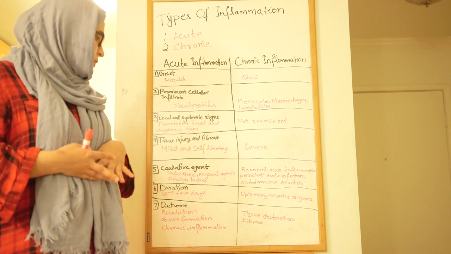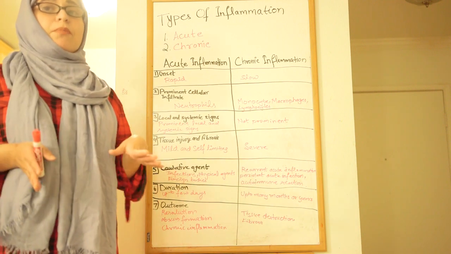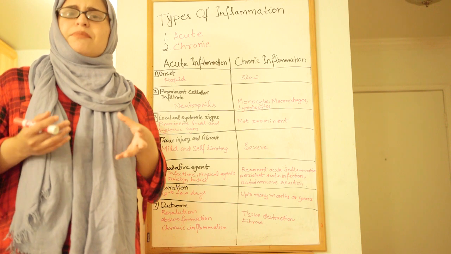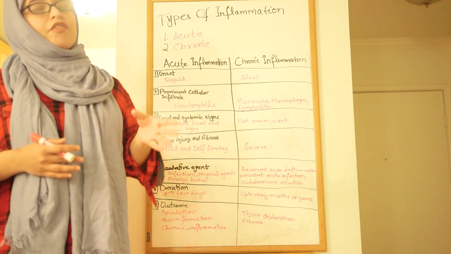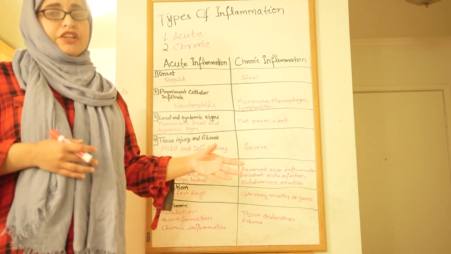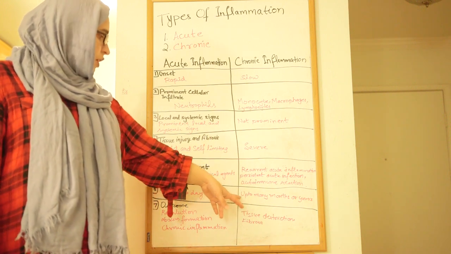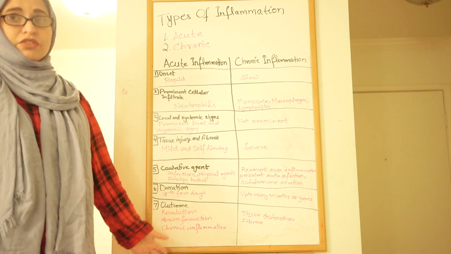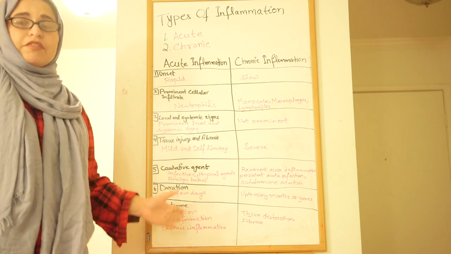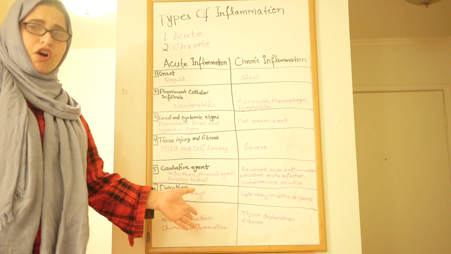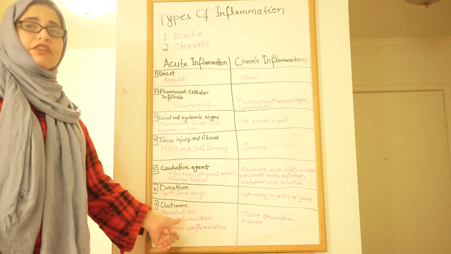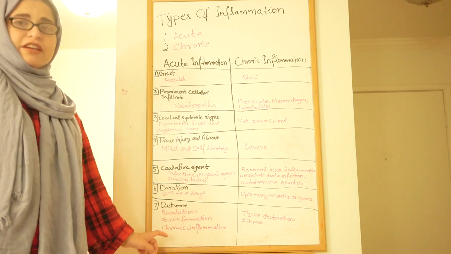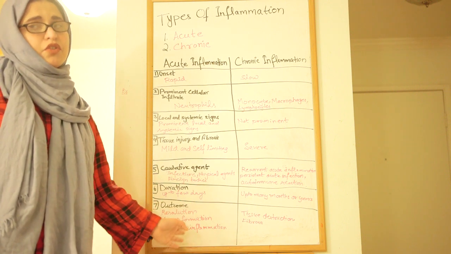Now let us know about the duration. The duration of acute inflammation can be up to a few days, but in chronic inflammation the duration is up to many months or years. The outcome of acute inflammation can be resolution, or abscess formation, or it can convert into chronic inflammation.